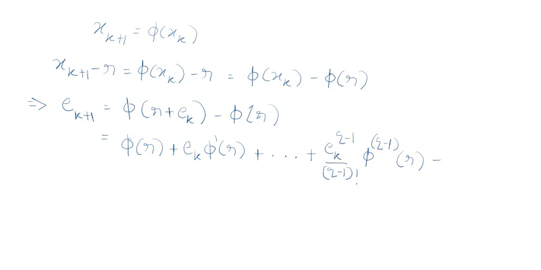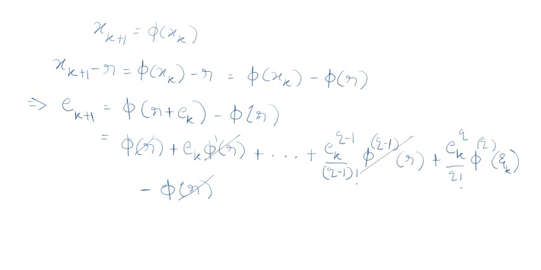plus e_k to the power q by q factorial phi qth derivative at some z_k, minus phi of R. So phi of R will get cancelled, and yes, z_k lies between x_k and R. Okay, so phi dash of R is 0, so this will be gone up to here.